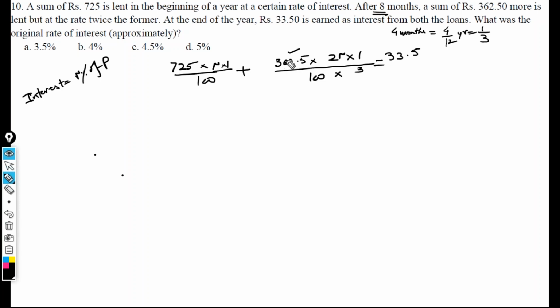Okay, so we just need to simplify it to find the value of R because the question talks about what was the original rate of interest approximately. So in this case, if I multiply 362.5 with 2, tell me the product, guys. What is the product? Come on, be quick, multiply these two. Good, Bhavesh. Right, Madhu.